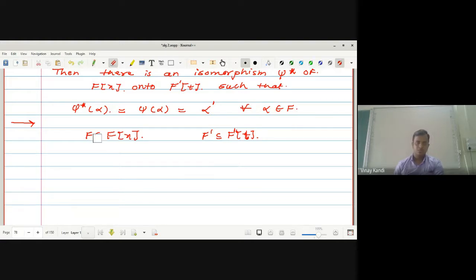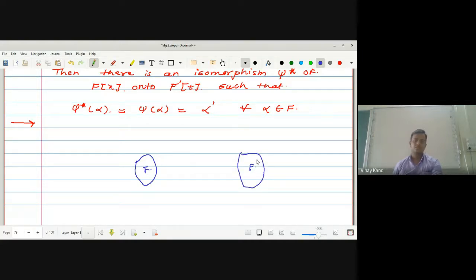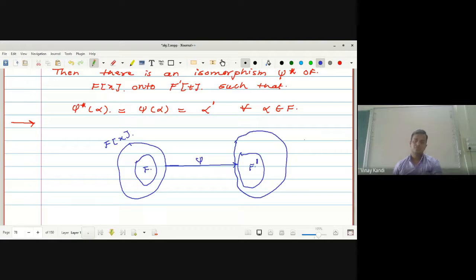Any doubt? No, sir. Now look here. This is the field F, and this is F dash. On the fields F and F dash there is an isomorphism psi. Now this is the extension F[x], and this one is F dash[t].